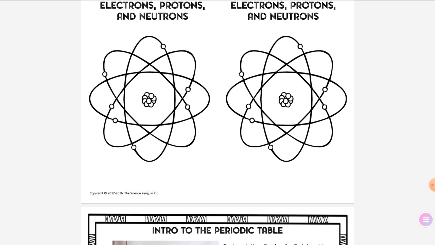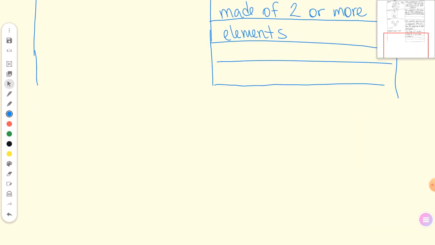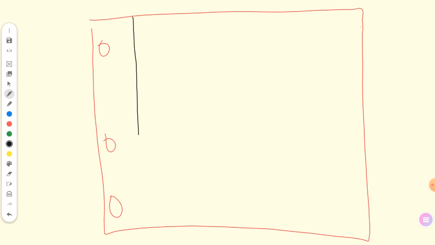I'm going to pull up just my whiteboard and try and draw this out. Okay, so on your next page of your notebook, here's my big notebook page. Here's my holes over here. I want you to just set the piece of paper as close to the top as you can.